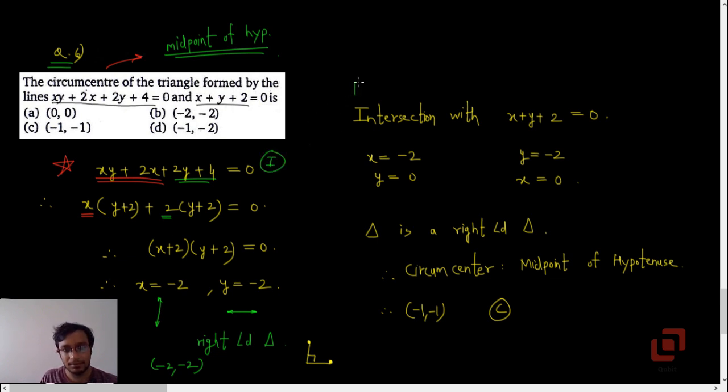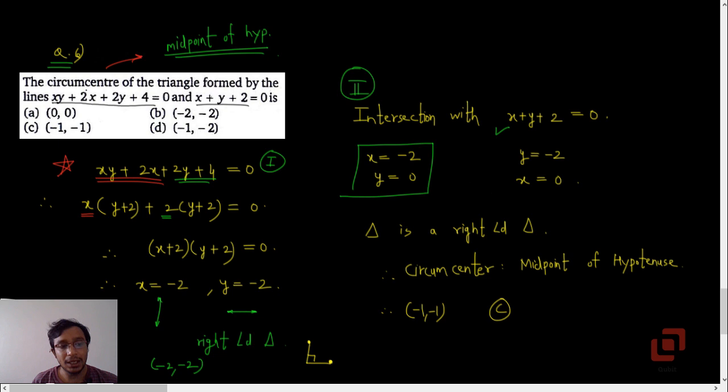Part 1, part 2. Now it is very easy to solve the equations simultaneously. If we let x be minus 2 here, then y will be 0. So the line x equal to minus 2 intersects x plus y plus 2 equal to 0 on the x-axis at the point minus 2 comma 0.